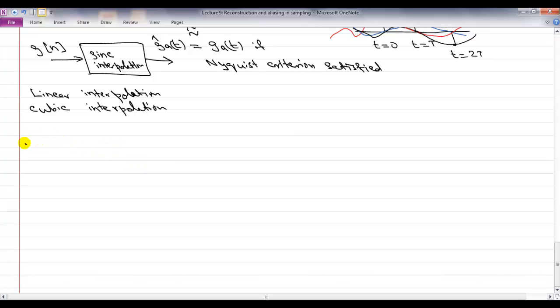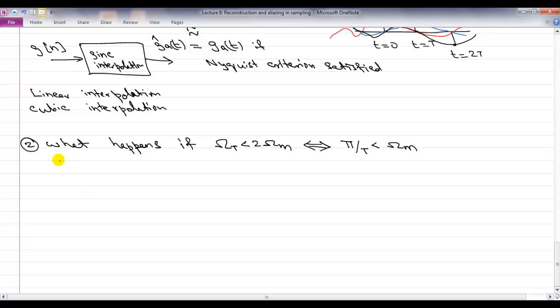The second question we want to address is what happens if the Nyquist criterion is not satisfied, which means that omega t is less than 2 omega m, or which equivalently means that pi by t is less than omega m.